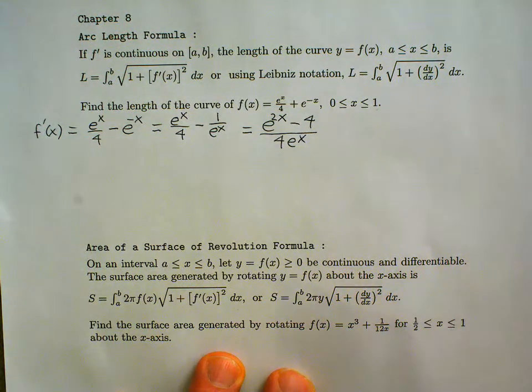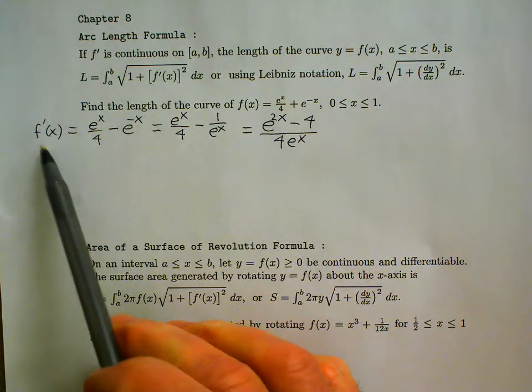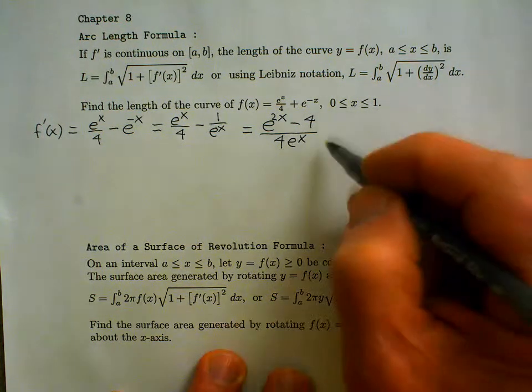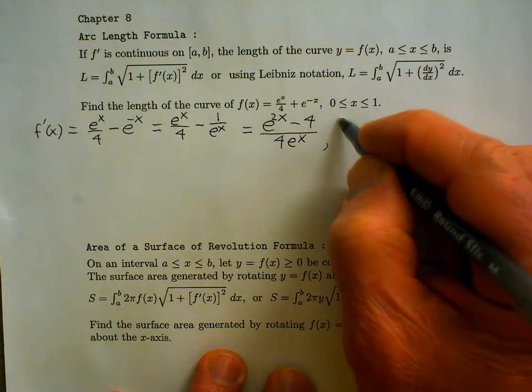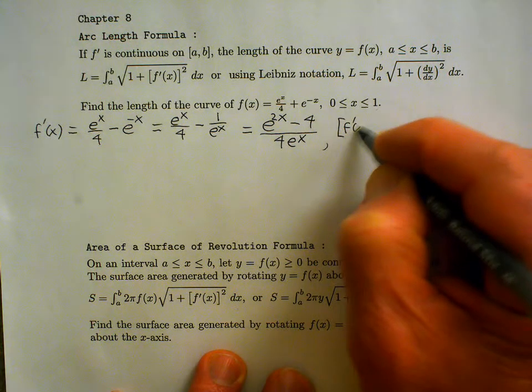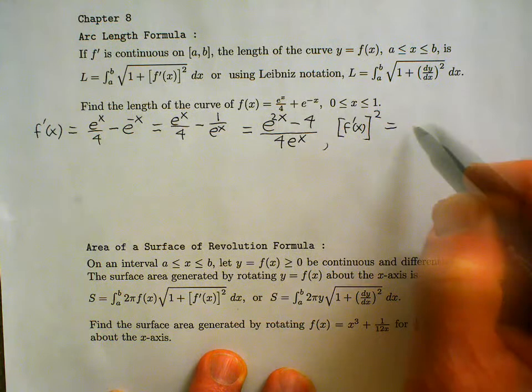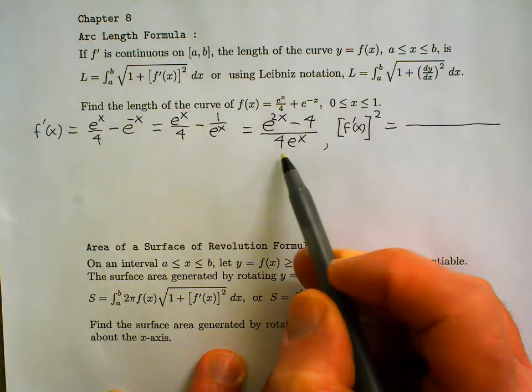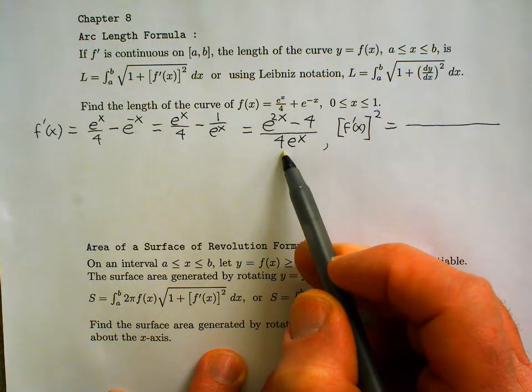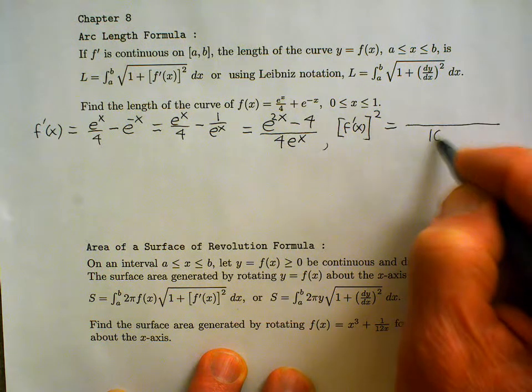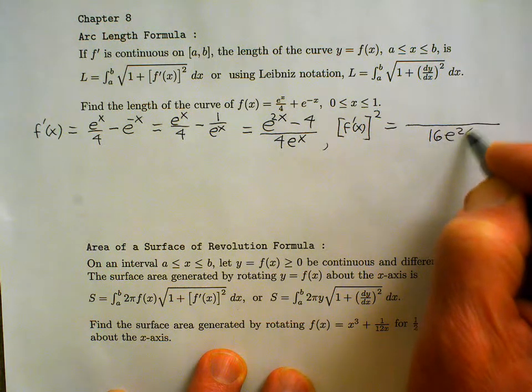To use the arc length formula, we have to square the first derivative. So if we square f prime of x, the denominator, when we square that, that will become 16 e to the 2x.